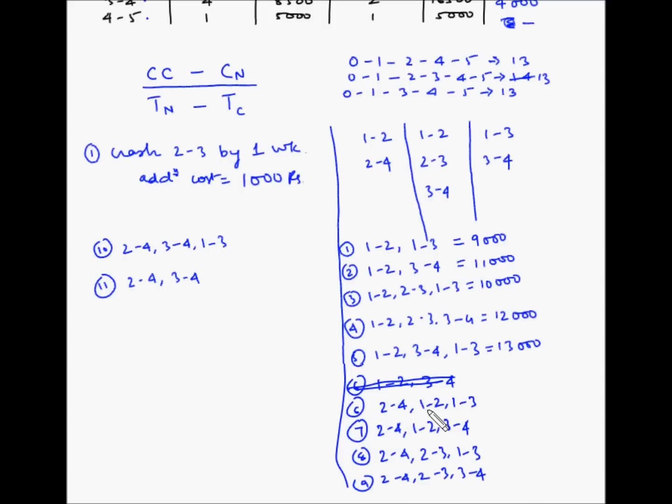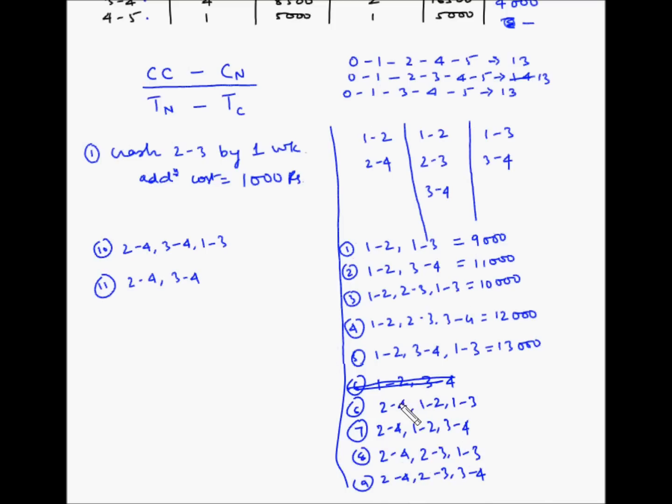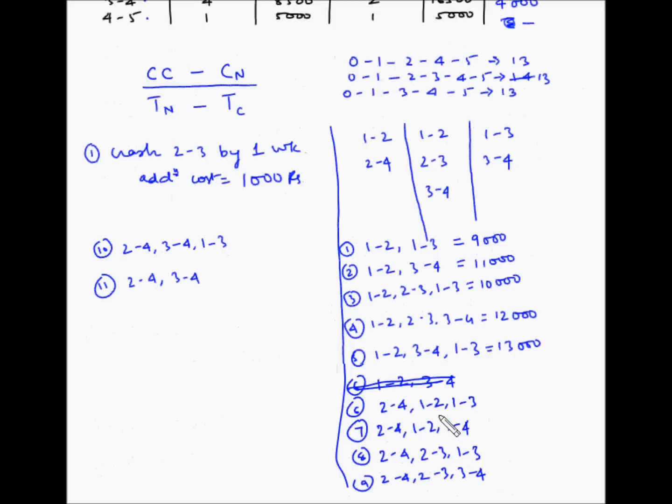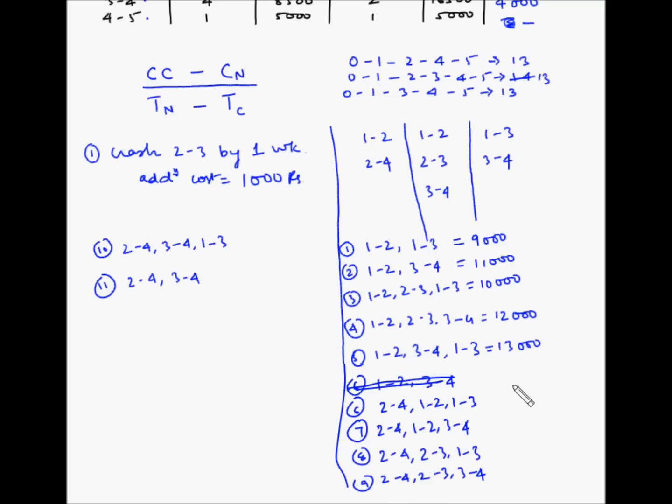Now next is 2-4, 1-2, 1-3. So 2-4 is 2,000, plus 1-2 is 7,000, so 2,000 plus 7,000 is 9,000, and next is 1-3. 1-3 is 2,000, so 9 plus 2 is 11, so this is 11,000.